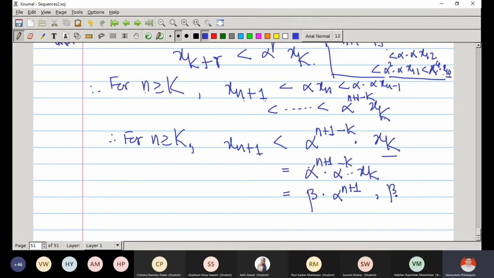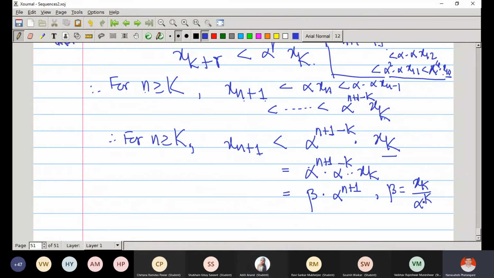What is beta? Beta is a constant, xk upon alpha to the power k, which is a constant. It is not going to change whenever you change your n. Am I right?